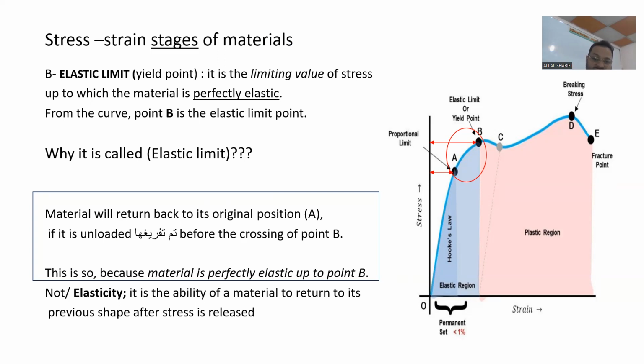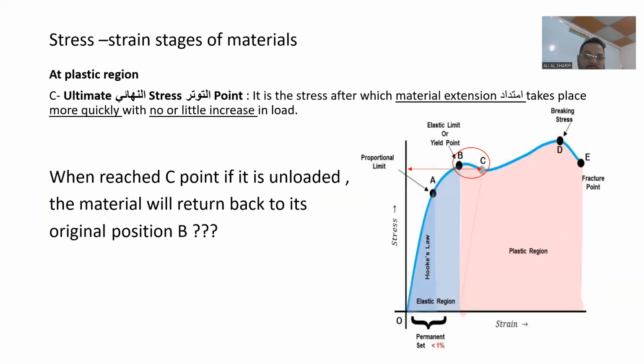This is so because the material is perfectly elastic up to point B. Note elasticity, what does that mean? It's the ability of the material, like flexibility, to retain its previous shape after the stress is released.